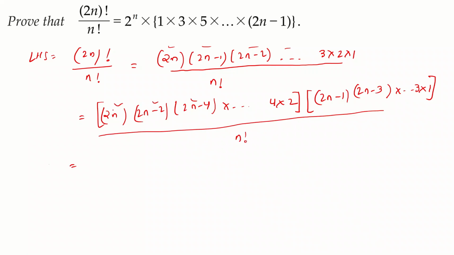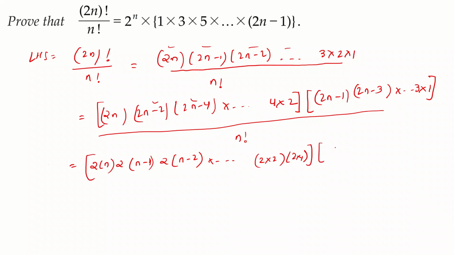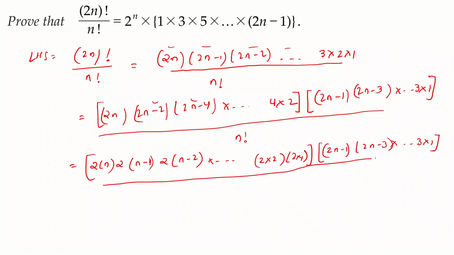If I take 2 from the first term, I only have n left, so I take 2 common and leave n as it is. Again I take 2 common, and what is left is n minus 1. Again I take 2 common and it gives me n minus 2, all the way up to 2 times 2 and then 2 times 1. Then the odd part I don't touch, whole divided by n factorial.